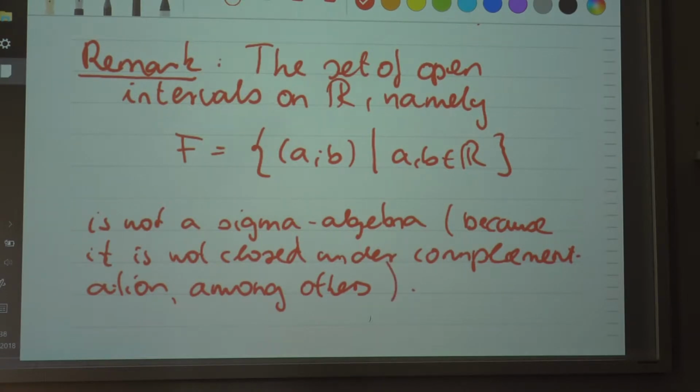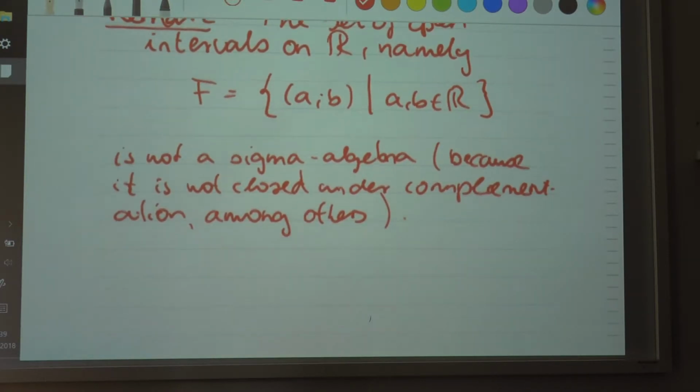This is just an implication. Of course, it is closed under countable unions: you could just say the countable union of open intervals is open. But since it's not closed under complementation, it's not closed under countable intersections. So that's one reason.